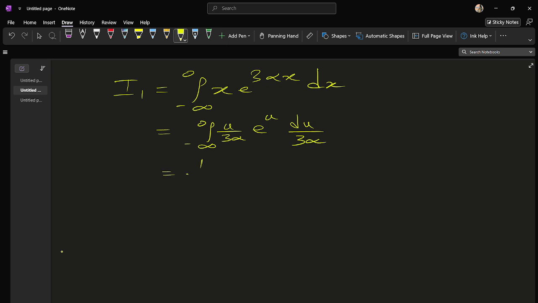So we can write it as 1 by 3 alpha whole square into the integral from minus infinity to 0 of u e to the power u du.